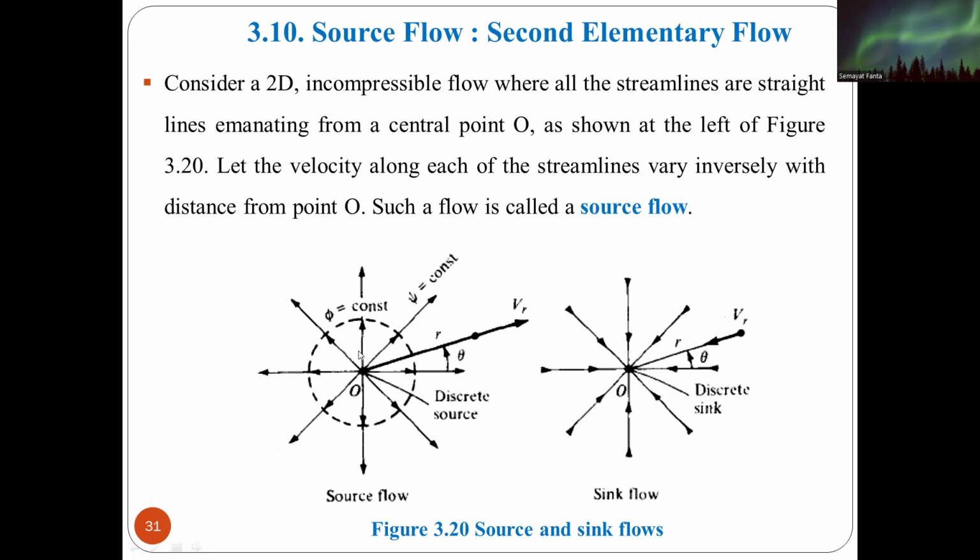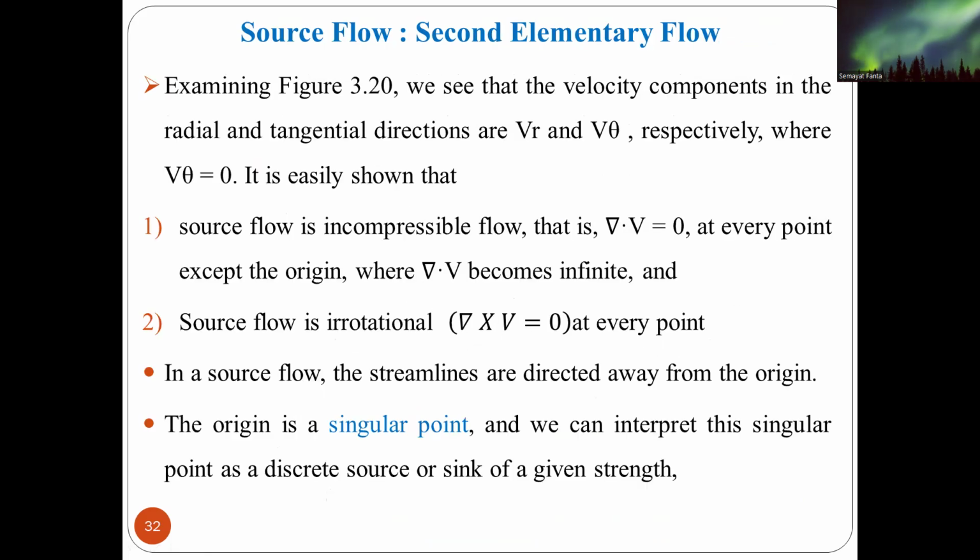How can we develop the equations? Examining this figure, we see that the velocity components in the radial and tangential directions are V r and V theta. We represent the radial component of velocity by V r and the tangential velocity by V theta, where V theta is equal to 0.